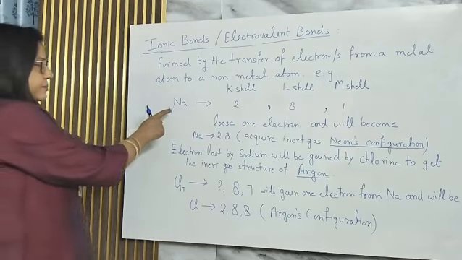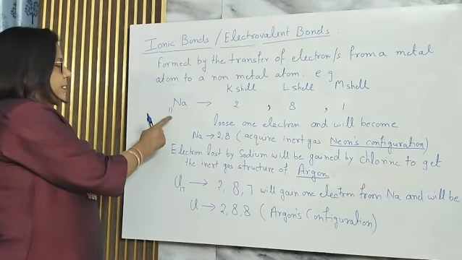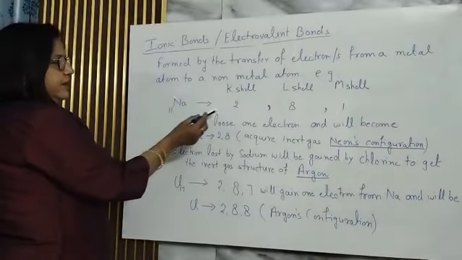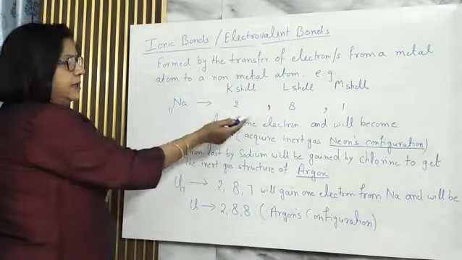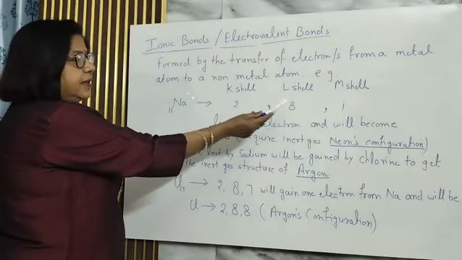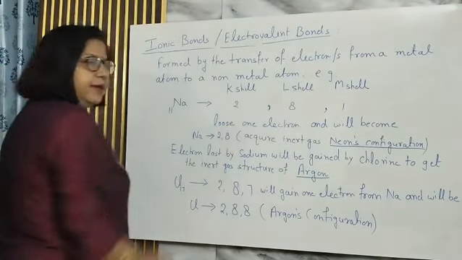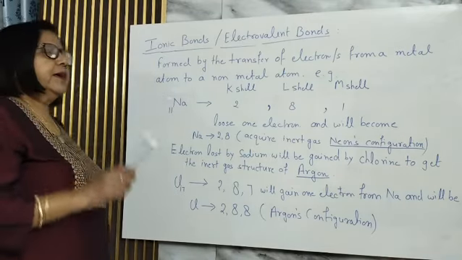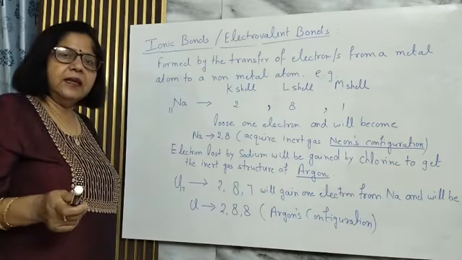Look here. Sodium, the atomic number is 11 and the configuration is 2 electrons in the K shell, 8 electrons in the L shell and 1 electron in the M shell. Now what happens to gain the inert gas structure?